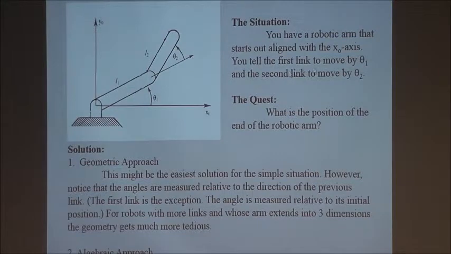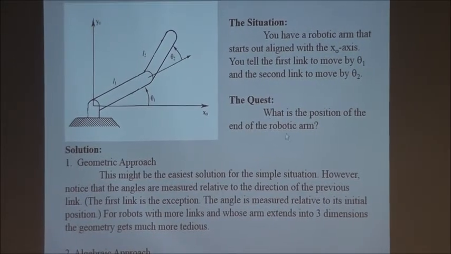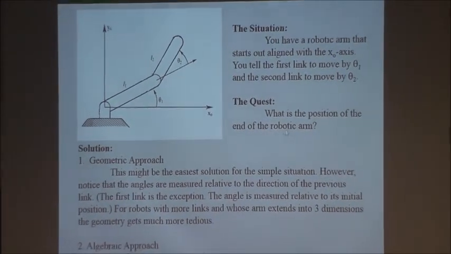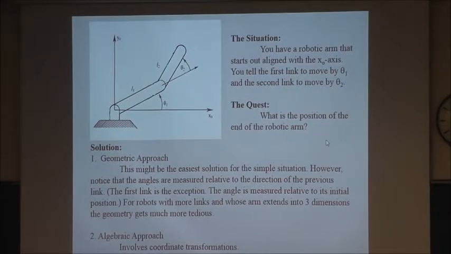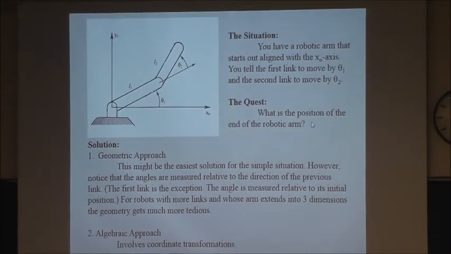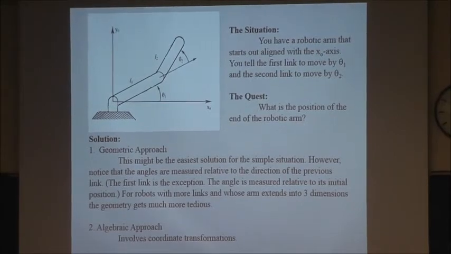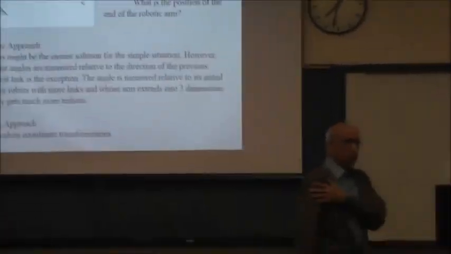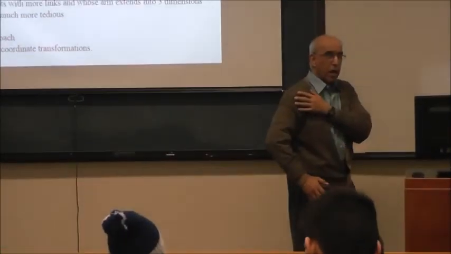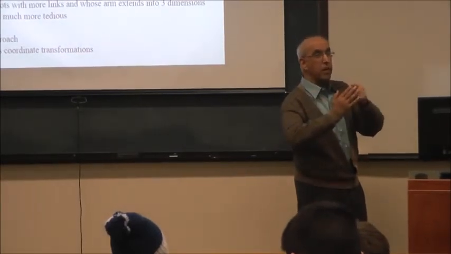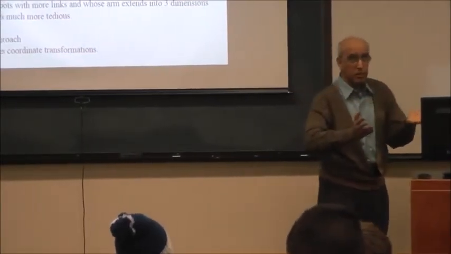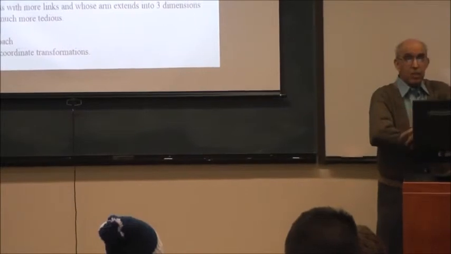And you tell the first link to move theta 1 and the second link to move theta 2. The question is, what is the position of the end of the robot arm at that point? Imagine that you have a situation like this, one plane, okay, I'm moving here, I'm moving there, where am I? That's what it is. Theta 1, theta 2.